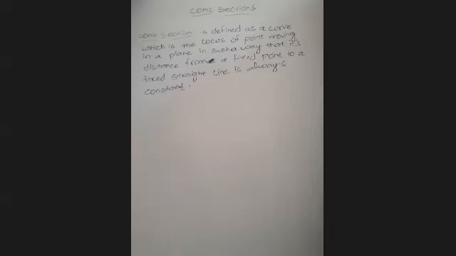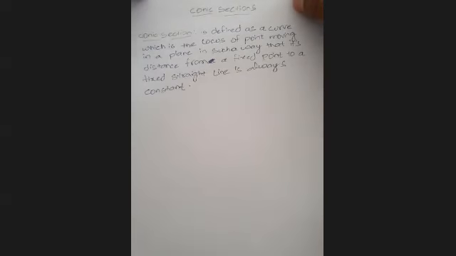So what he is saying is there will be a point which moves on a plane surface. While moving, it has to satisfy a condition that its distance from a fixed point to a fixed straight line is always constant.